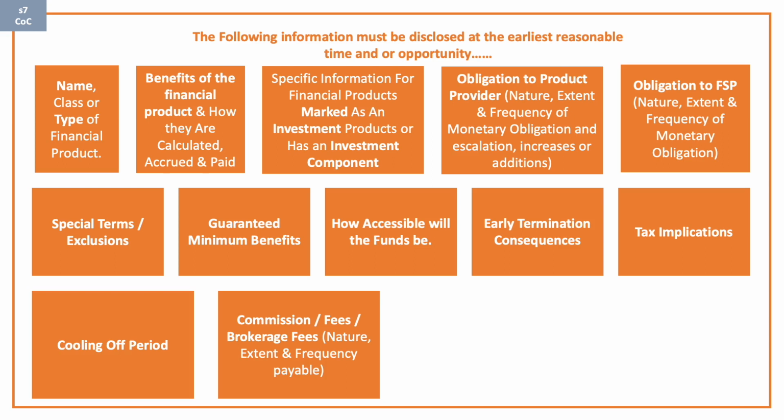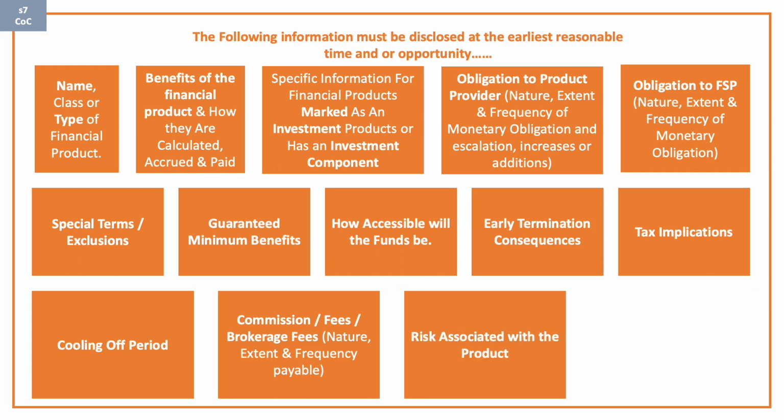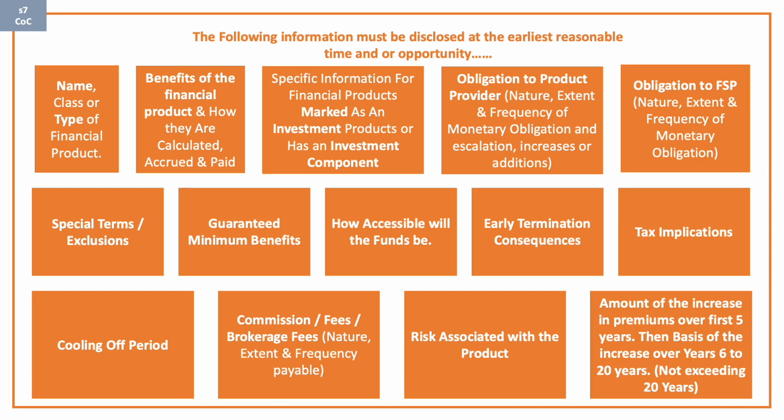The nature, extent, and frequency of payment of commission, fees, and or brokerage fees. 13. Any and all risks associated with the product. 14. The amount of the increase in premiums over the first 5 years, then the basis of the increase over years 6 to 20 years, not exceeding 20 years.